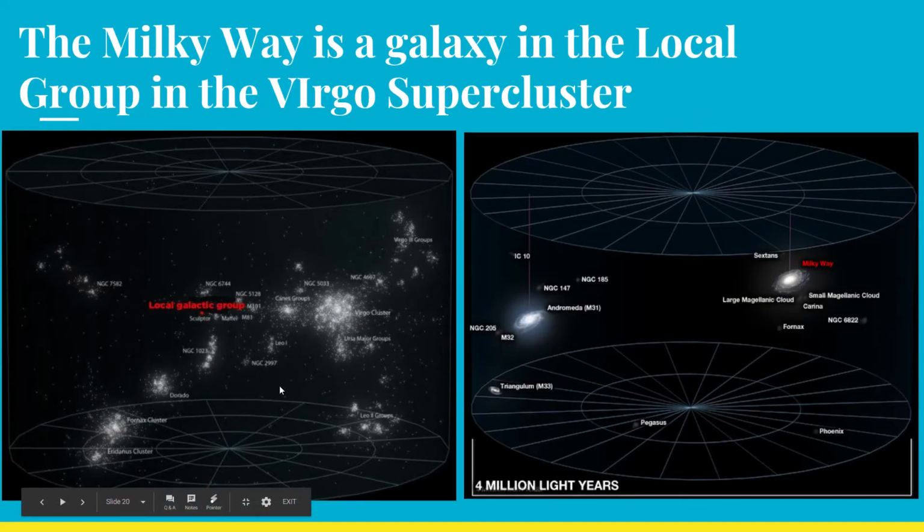And then within the Virgo supercluster, there's all of these other galaxy groups. And so we're in the local group, so maybe we're in Athens-Clarke County, and then within Athens-Clarke County, we're divided into neighborhoods. And so we've got our Milky Way galaxy and the Andromeda Galaxy and some other smaller galaxies.